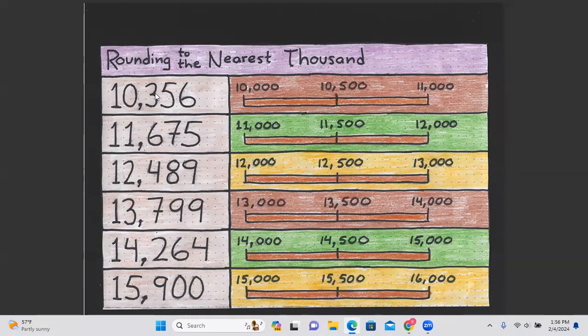And let us see if 3 is higher than 5 or is not higher than 5. And obviously, 3 is below 5, which means that our 10,356 will be closer to 10,000 because we know that 356 is less than our threshold of 500, which means that 10,356 will round back to 10,000.